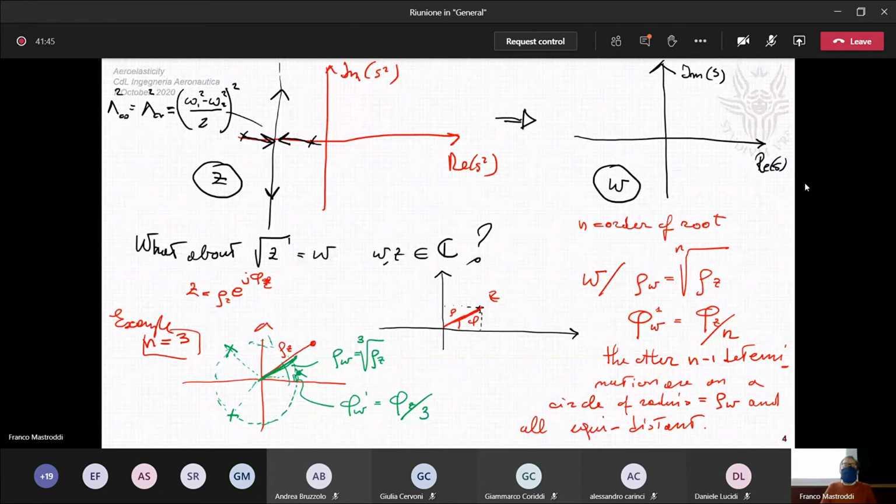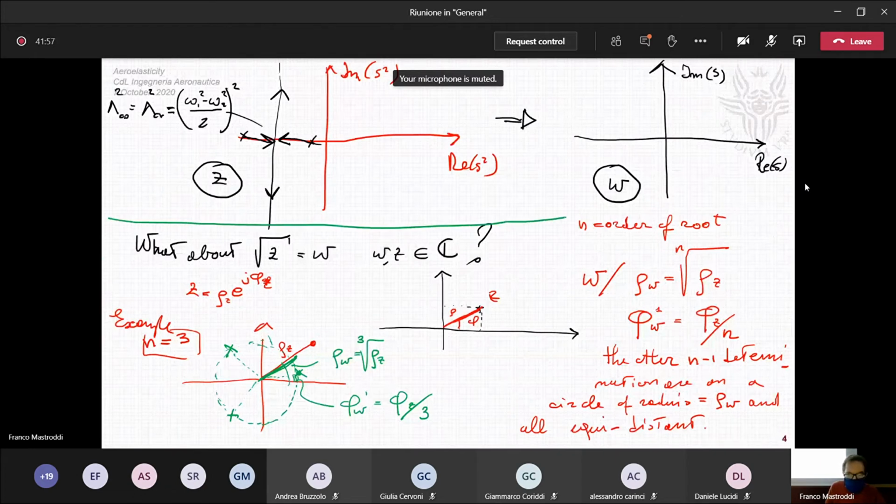Okay, but here we have a square root. So let's apply this formula together to our exercise here for n equal 2. Start with the root of the source of the root.